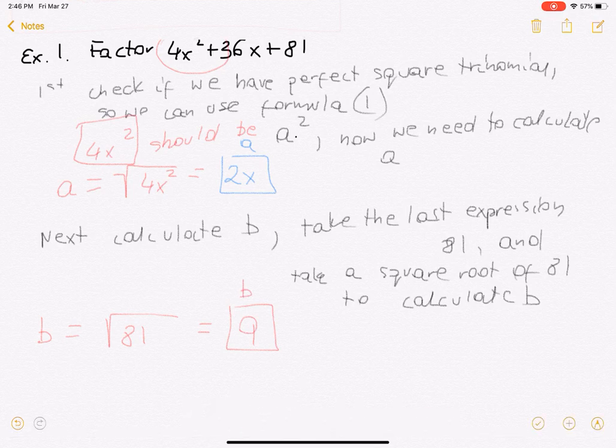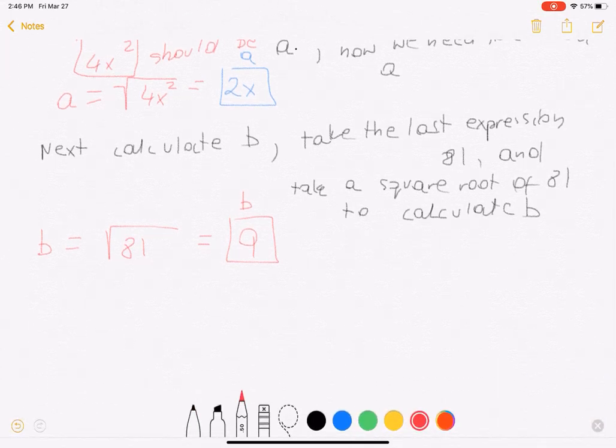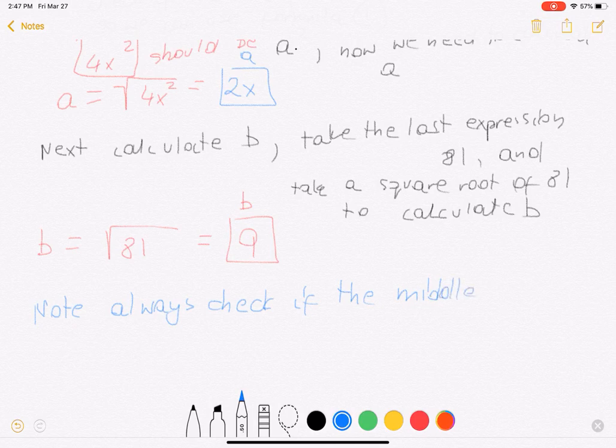Before you put a plus b to the second power, always check. Note: always check if the middle expression is equal to 2 times a times b.